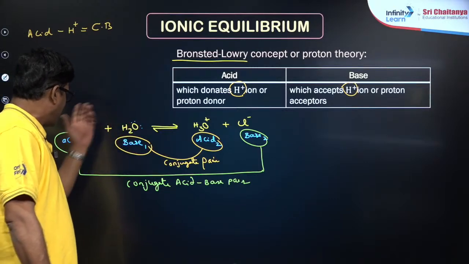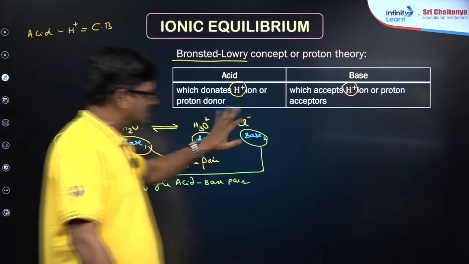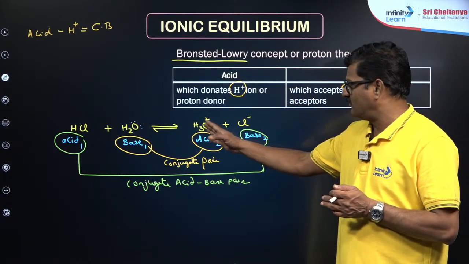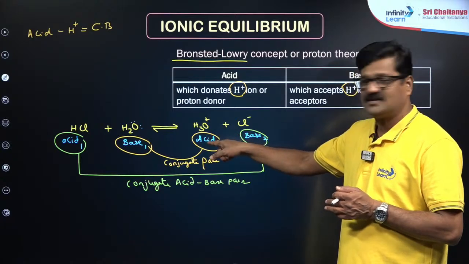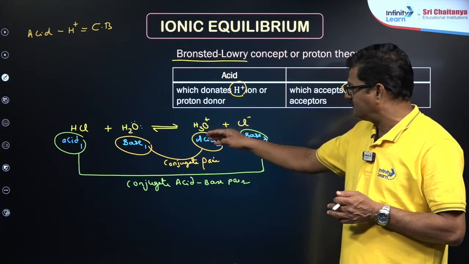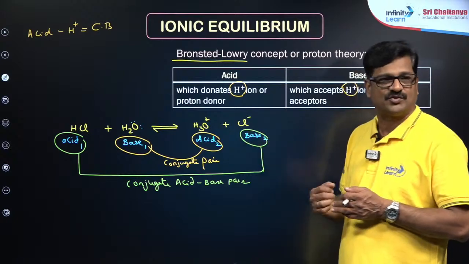And water is accepting H plus, so it is a base. Let's go to the other side of this equilibrium. This H3O plus is now capable of donating H plus, so it is another acid, say acid 2, and Cl minus is capable of taking H plus, so it is an acceptor, so it is base 2.